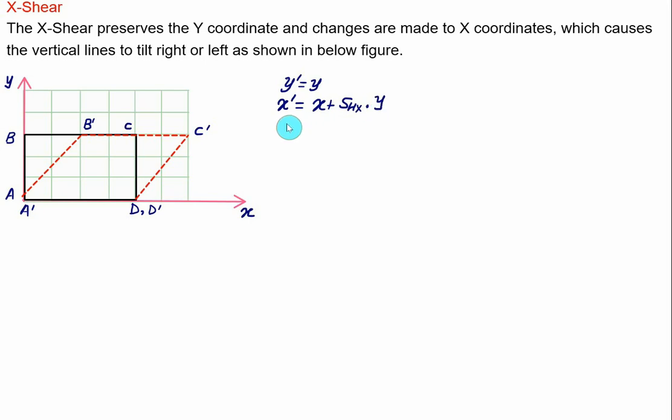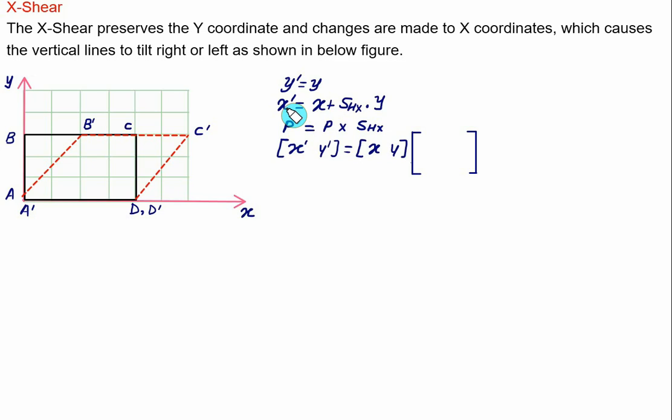So we have the new coordinate P prime, given as P multiplied by the shearing transformation matrix shx. So we have P prime, which is x prime, y prime, given as P, which is x, y.